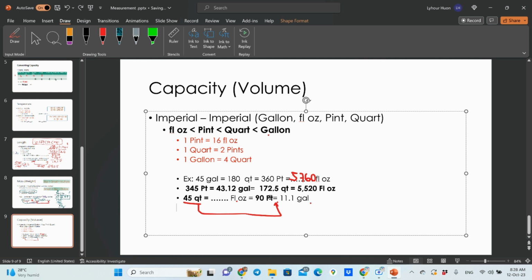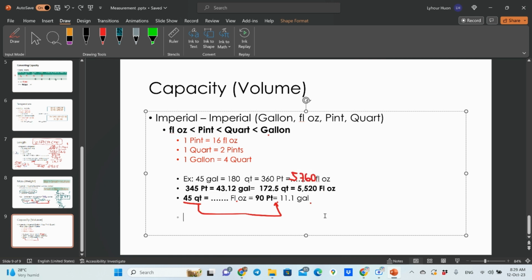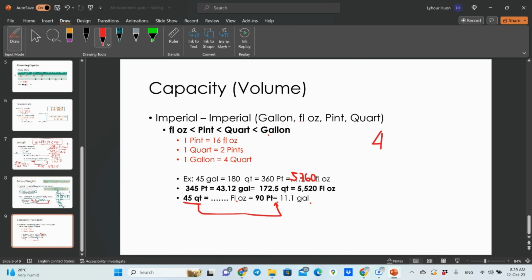We already did quarts to pints, which is 90 pints, right? Now we want to know gallons. So in order to convert to gallons, we use the quarts as a reference.